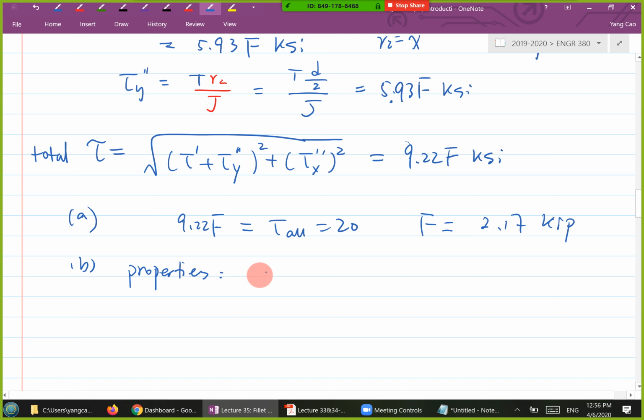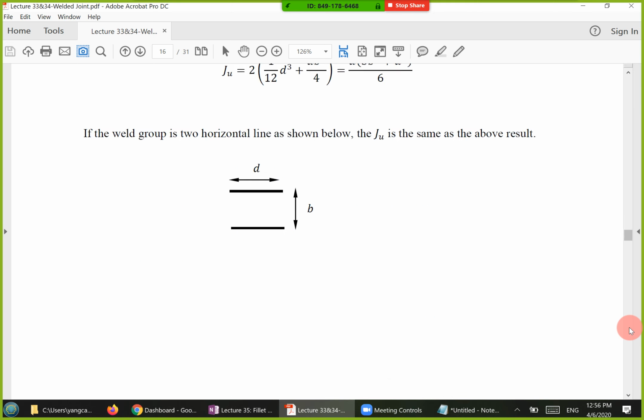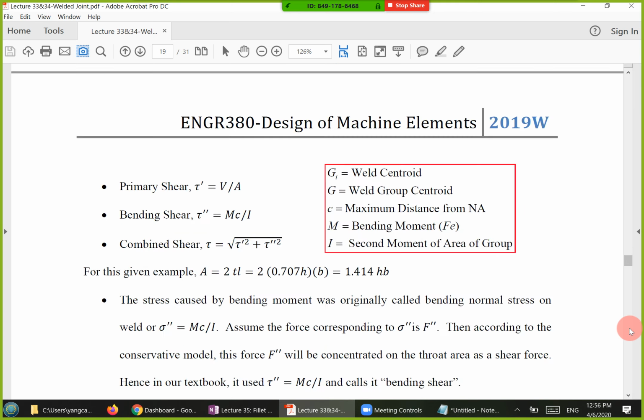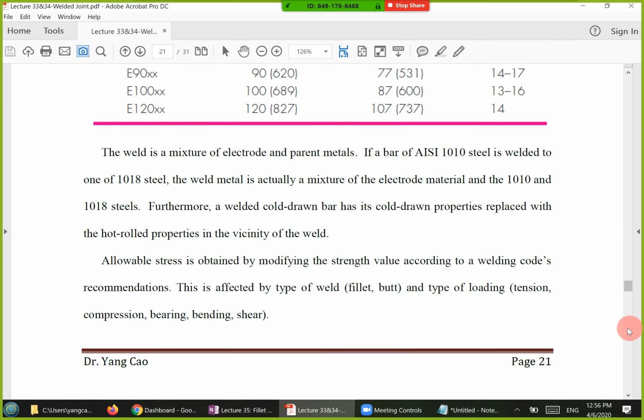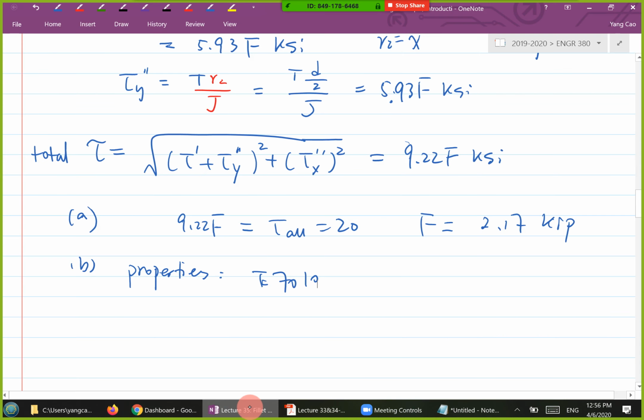We got E70 for the electrode, and if you look up the table for the E70 series, you get SUT of 70 and SYT of 57. So that gives us SUT 70 KSI and SYT 57 KSI.